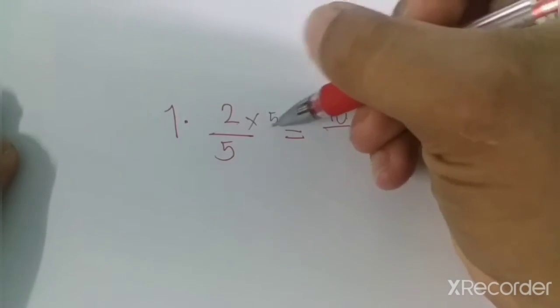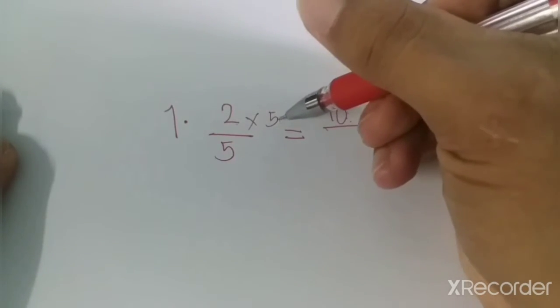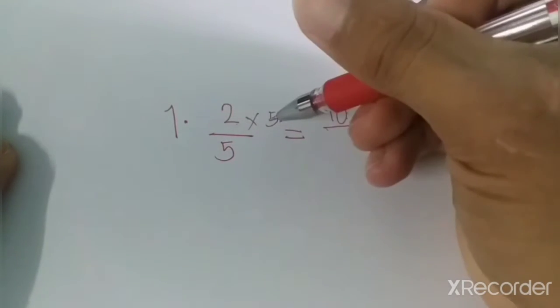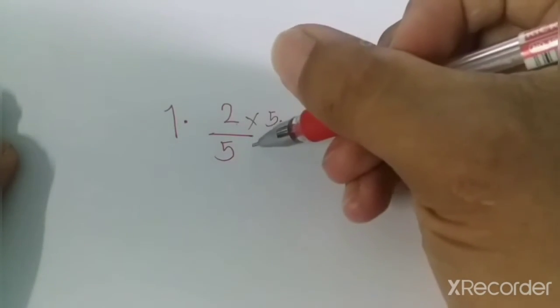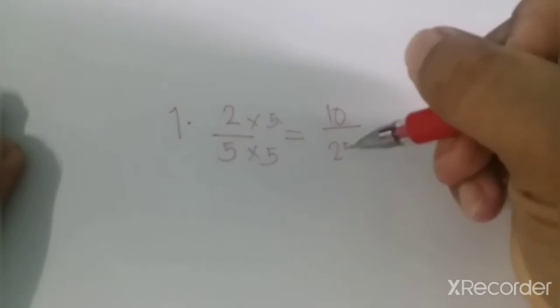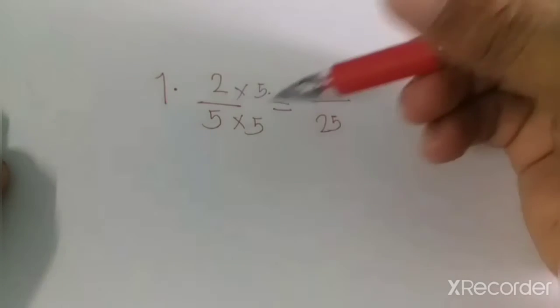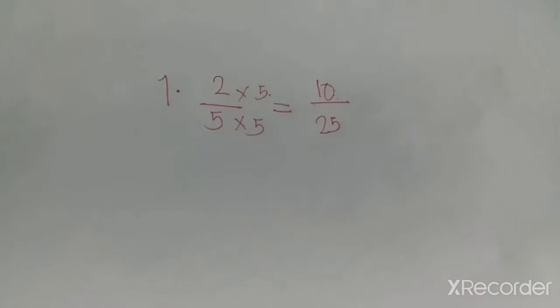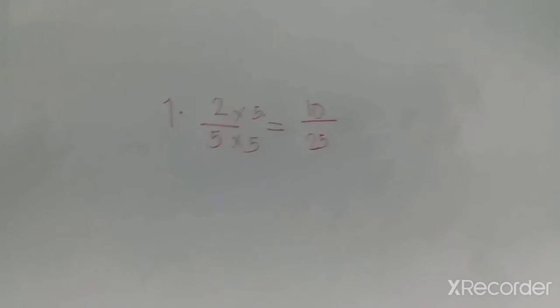That is 5. 2 times 5 is equal to 10. And whatever number you multiply in the numerator will be the number you multiply in the denominator at the same time. So 5 times 5 equals 25. So for 2 over 5, the equivalent fraction is 10 over 25.